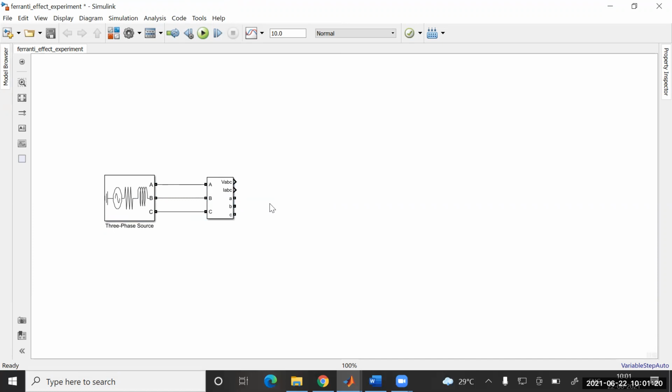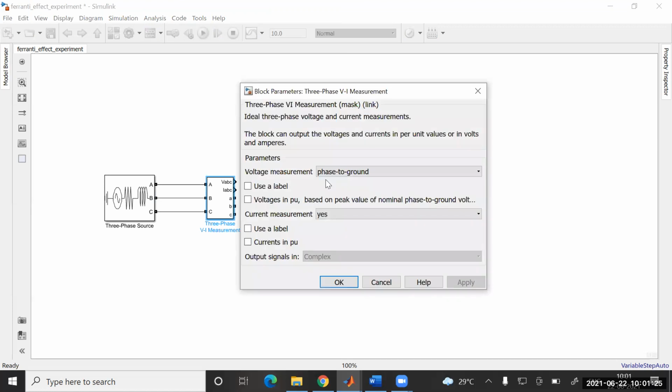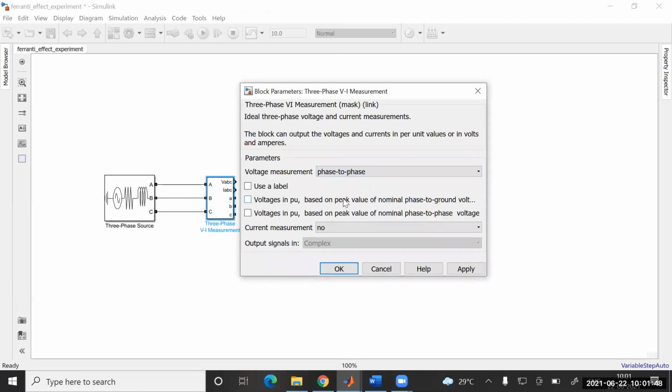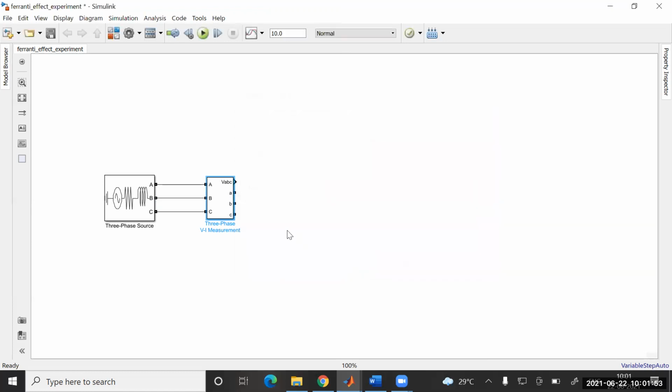What we are actually measuring in this, we are totally focusing on only one factor, that is V. So we could edit this part; current is not required. We require only the VI measurement block, and we will be measuring the phase to phase voltage. Only voltage measurement, no current measurement, because we have to see only Vs and that's it.